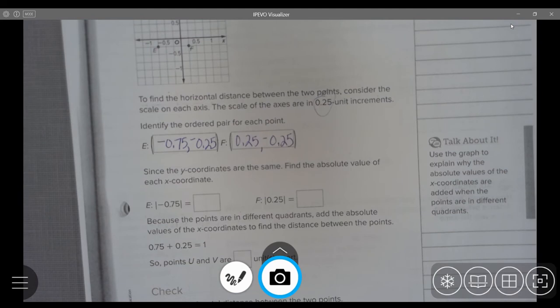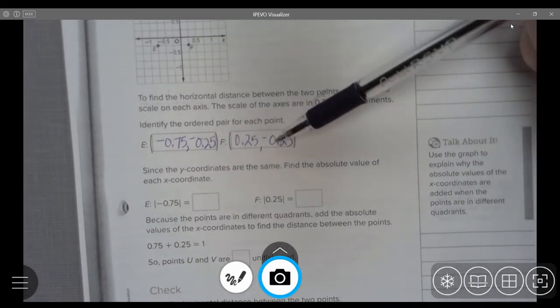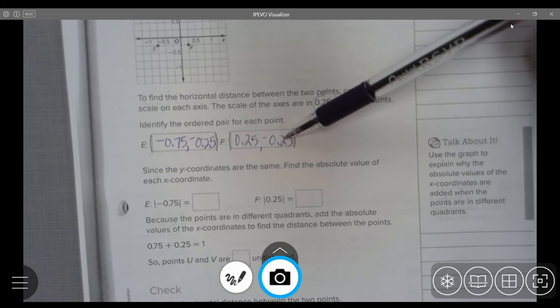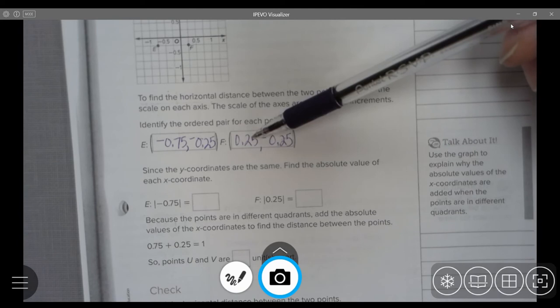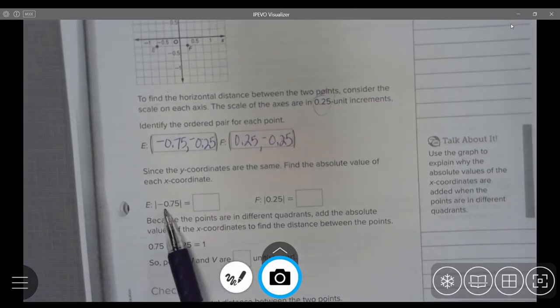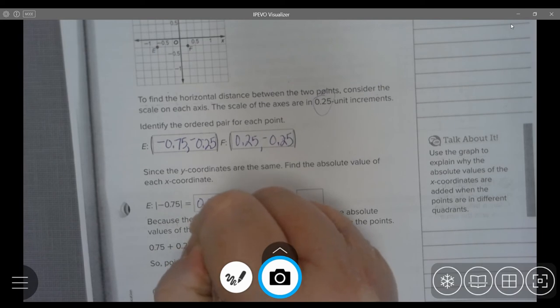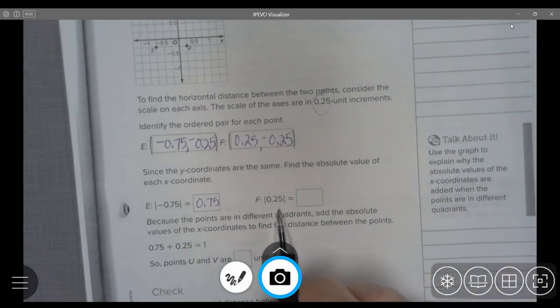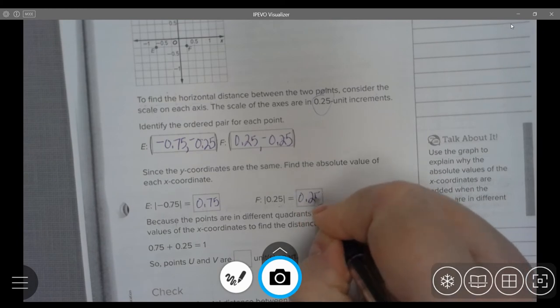So if I take a look at those, I find that the y coordinates are the same, so we don't have to worry about those, but the x coordinates are different. We have a negative, we have a positive. So for E, negative 75 hundredths, the absolute value would be 75 hundredths. And for F, the absolute value of 25 hundredths is 25 hundredths.